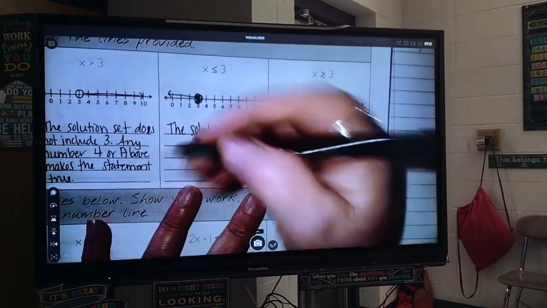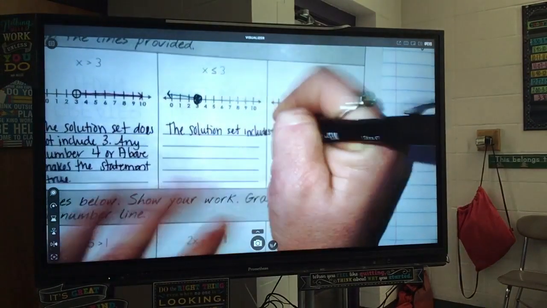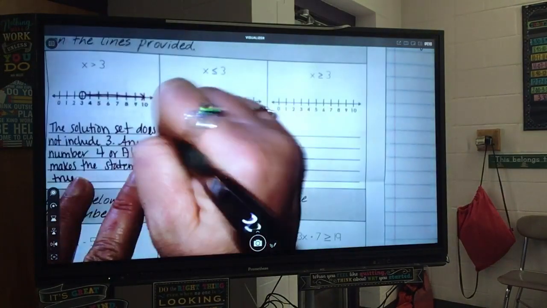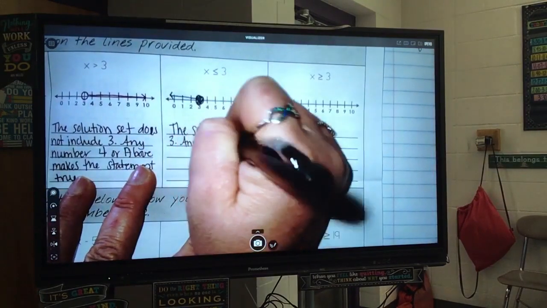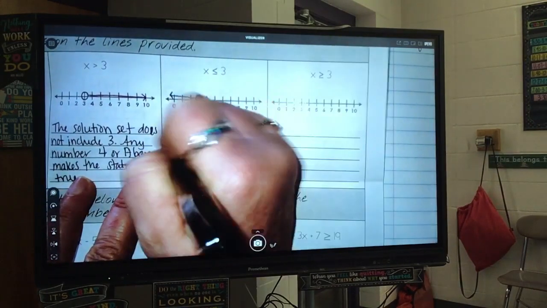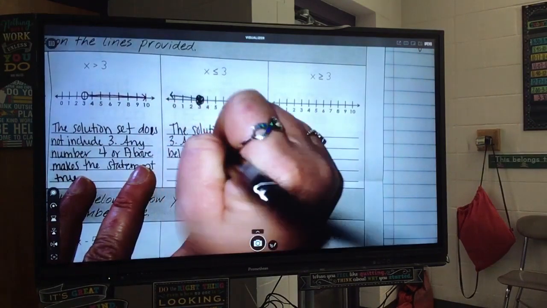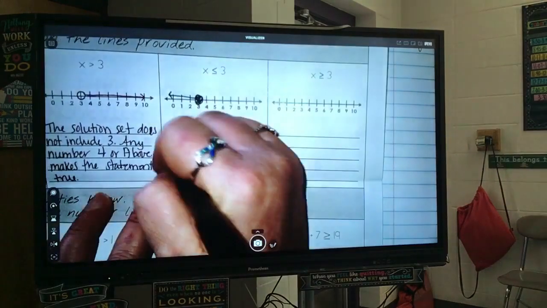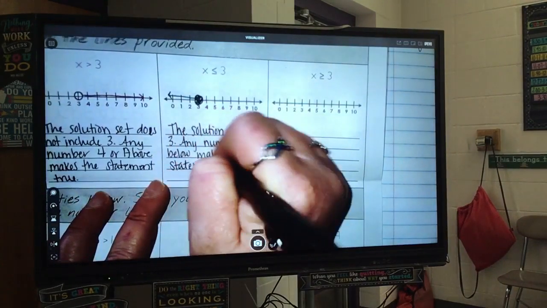So the solution set includes 3. Any number 3 or below makes the statement true.